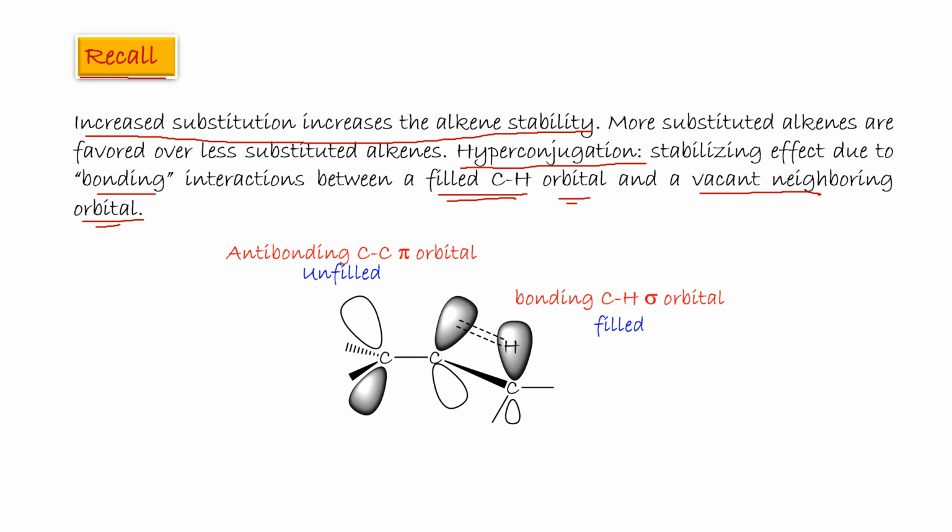So if we have a sigma bond here with 2 electrons, and on these 2 carbons we have the antibonding orbital, this antibonding orbital is empty. Delocalization of these two electrons between the CH bond and the empty orbital makes stability. We call that hyperconjugation.